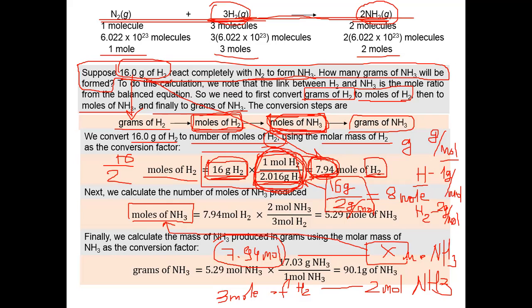It's going to be X moles of ammonia. We multiply 7.94 by 2 moles of ammonia and divide by 3. So 7.94 times 2 divided by 3 is 5.29 moles of ammonia.